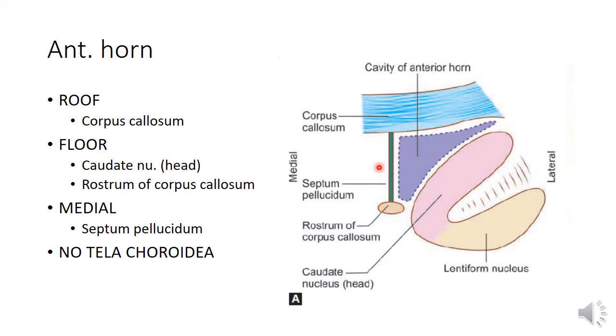On the floor there is the head of the caudate nucleus, and a small portion of the corpus callosum which is called the rostrum of the corpus callosum. In the anterior horn there is no tela choroidea, so there is no choroid plexus. So these are the relations of the anterior horn of the lateral ventricle.